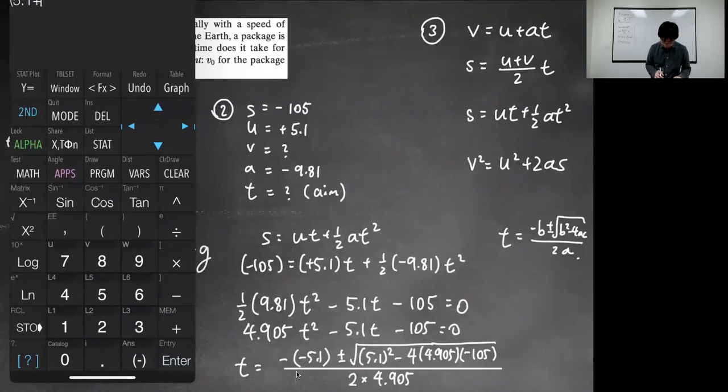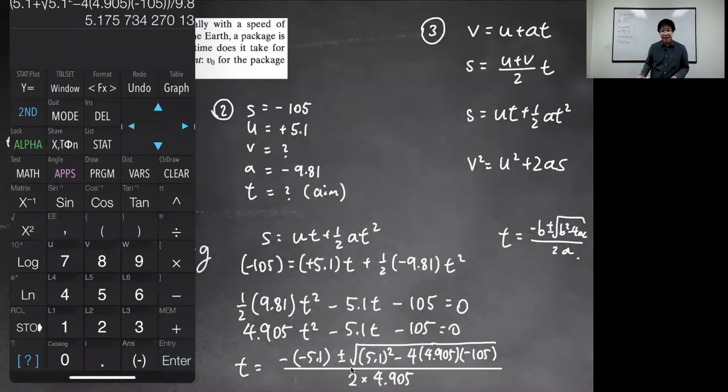Okay, so we'll do plus first, square root of 5.1 squared minus 4 times 4.905 times minus 105, all right? And the whole thing is going to be divided by 2 times this, but that's just half of 9.81, so 2 times that is just going to be 9.81.